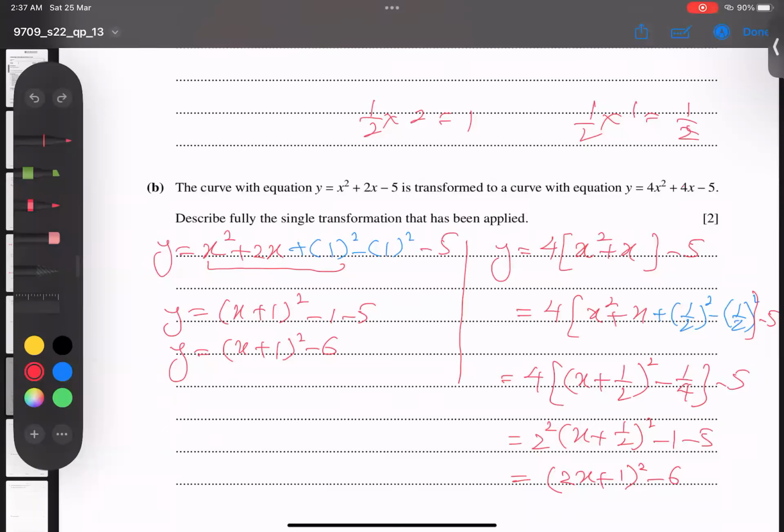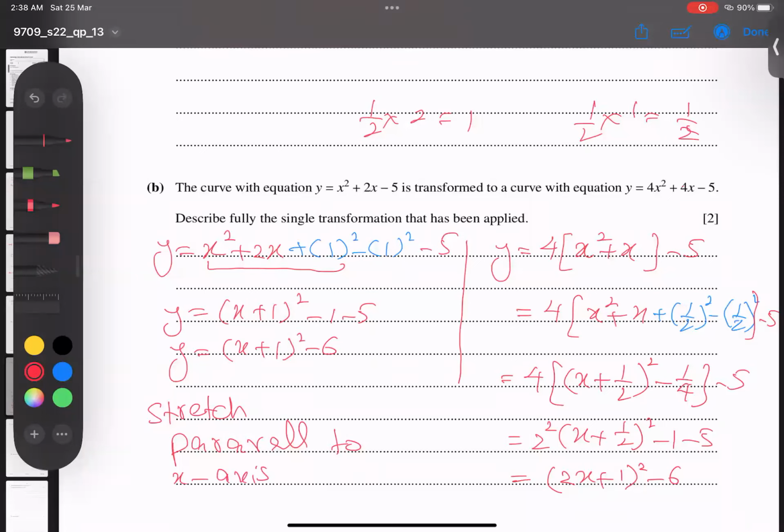So this is called a stretch parallel to the x-axis, parallel to the x-axis.